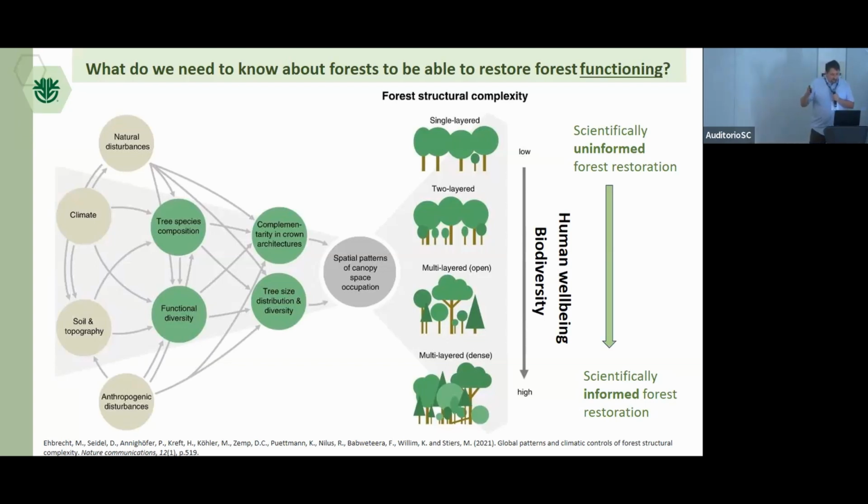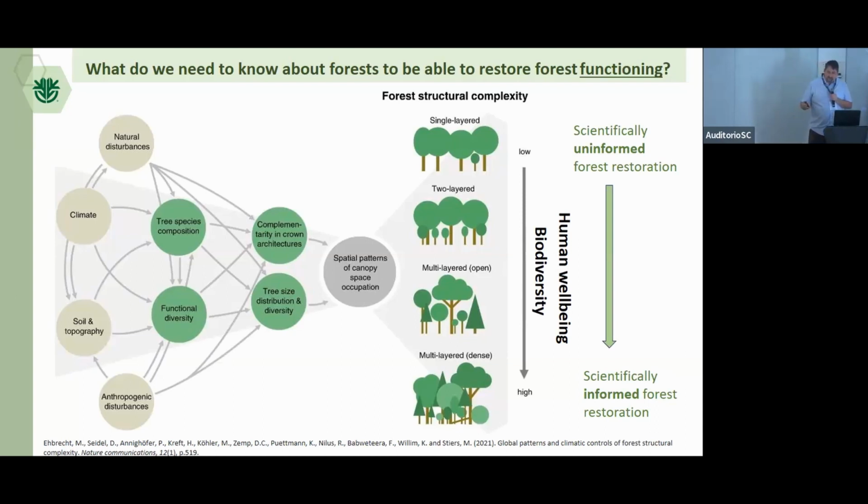And so the framework I was looking at, obviously the factors which are relevant are very diverse. I mean, there are some factors which are sort of abiotic in nature, like natural disturbances, climate, soil and topography, anthropogenic disturbances. But I really think the four green ones are really key aspects of trying to achieve functional structural complexity.